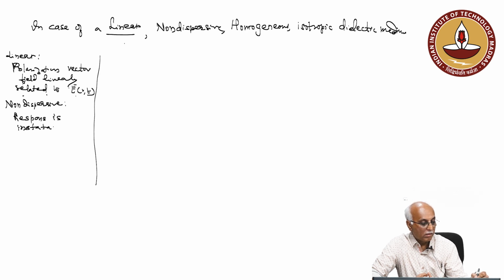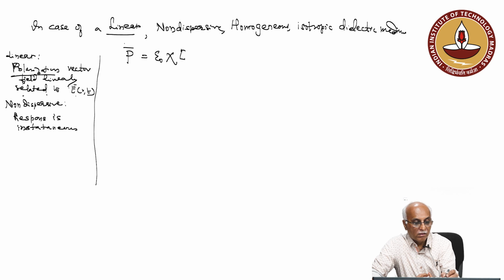So when an electrical field interacts with the material, the response will be instantaneous, and it will produce a polarization vector. This polarization vector in a medium can be expressed by epsilon 0, which is the permittivity constant, times chi, the linear component, times the electrical field.